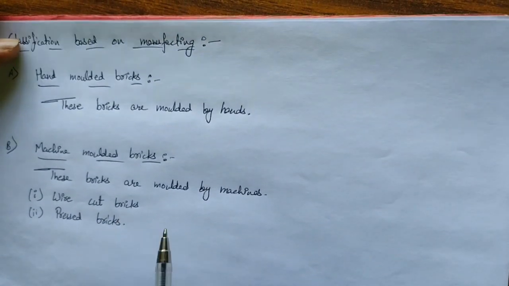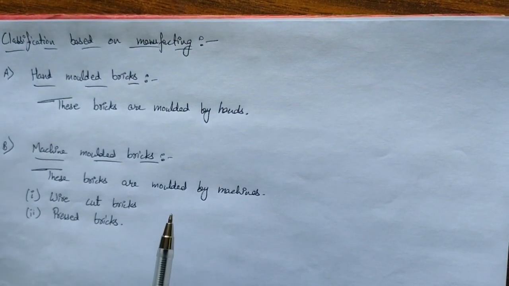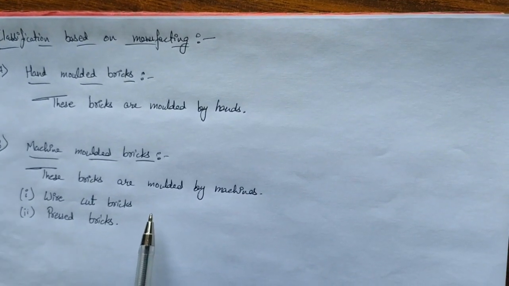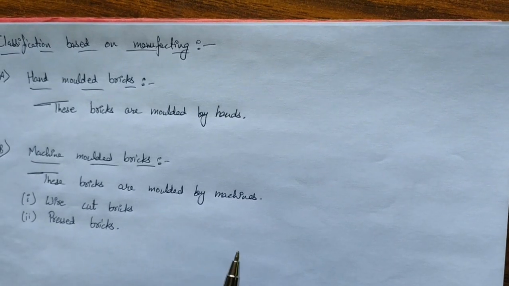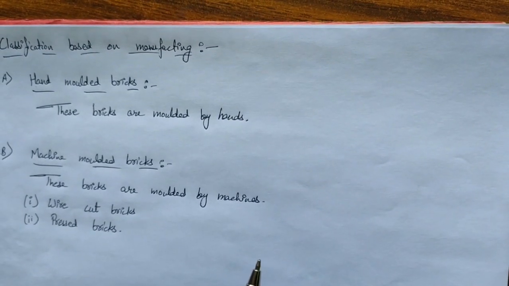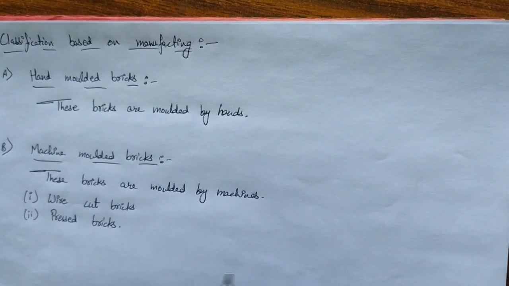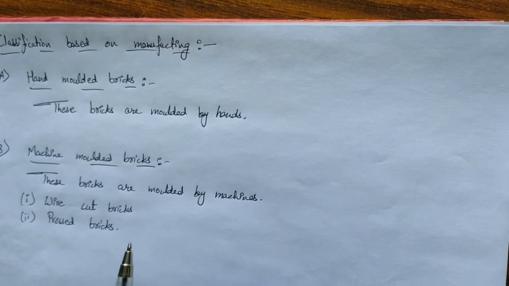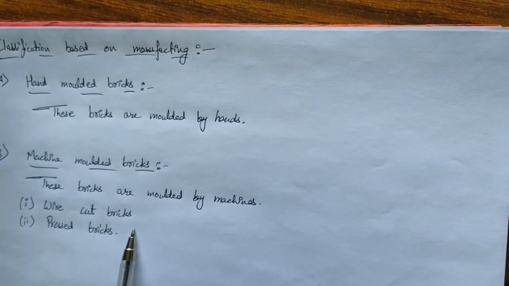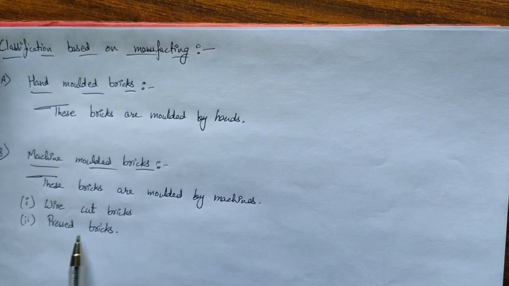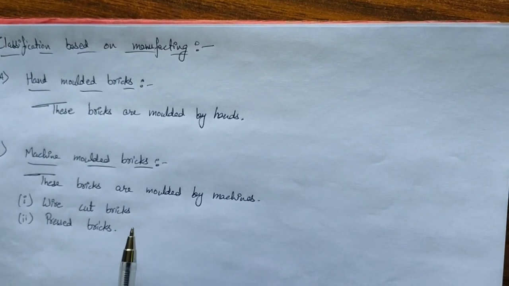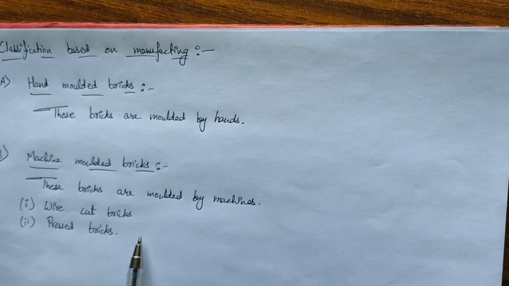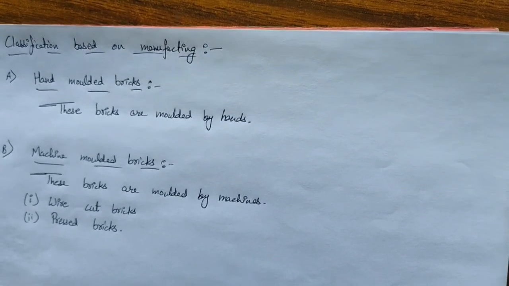In wire cut bricks, we take the mixture of clay and water in a mold, and then it looks like a chocolate bar. Then we cut it with a wire to the proper length and dimensions. That method is called wire cut bricks. And when we put the sand and water separately in a mold and then press it with the machine, those bricks are called pressed bricks.